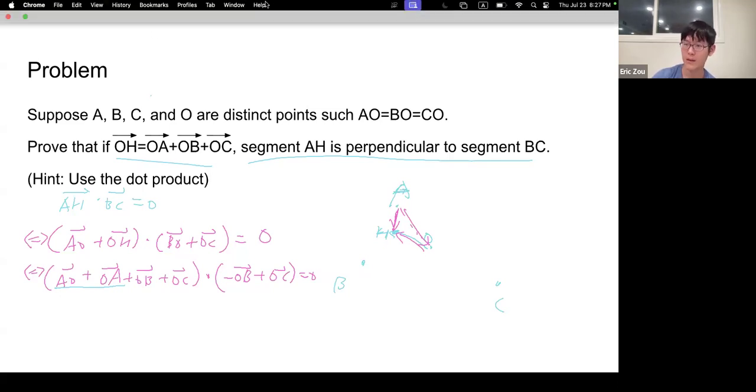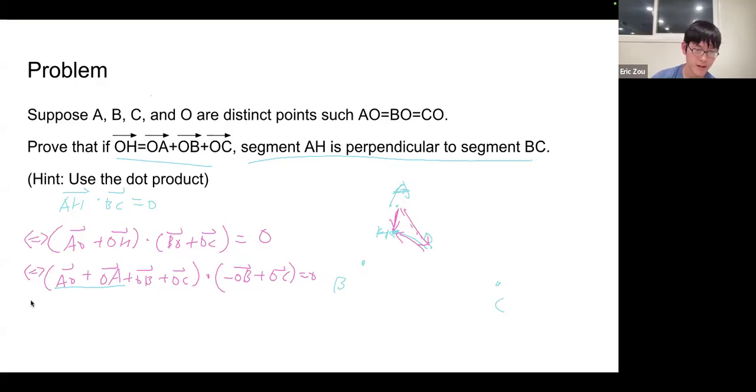Alright, as there's only about 3 minutes left, I'll just finish the problem. So AO plus OA is like vector AA, which is 0. So the things on the blue arrow cancel. So this is OB plus OC, dot product negative OB plus OC.